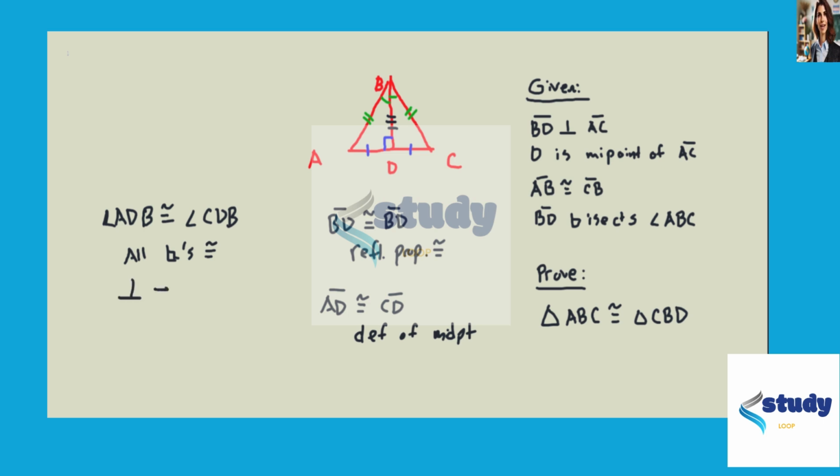Perpendicular gives us 90 degrees. We have also been given a bisected angle. And so angle ABD is congruent to angle CBD by definition of bisector.